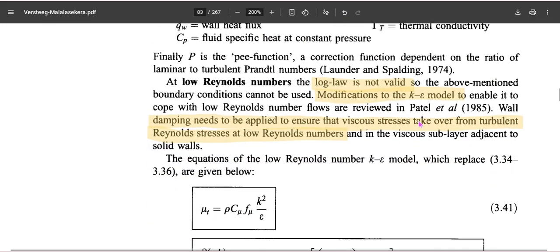For low Reynolds number, the universal law of the wall behavior is invalid, and certain modifications should be made in the k-epsilon model. The reason is that the damping effects of viscosity have to be incorporated into this model to make sure that viscous stress takes over from the turbulent Reynolds stress at low Reynolds number flow.